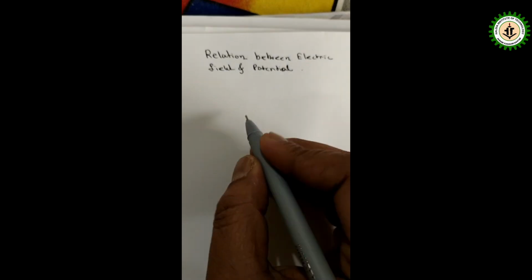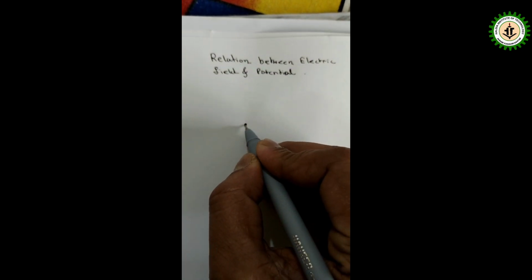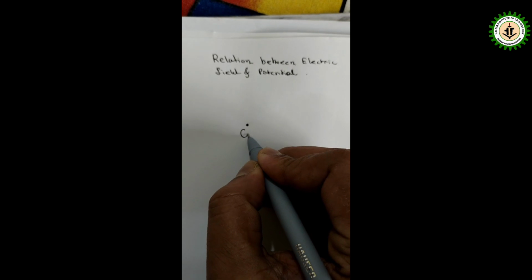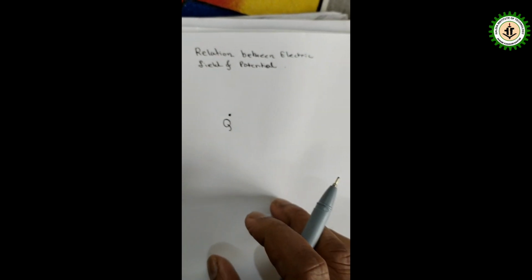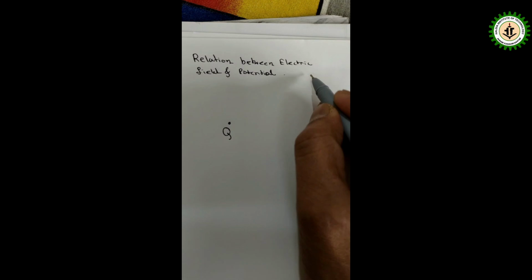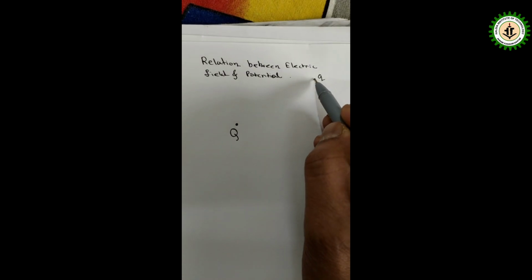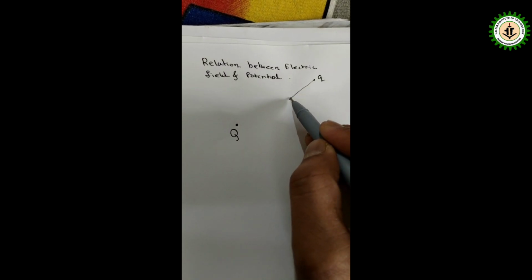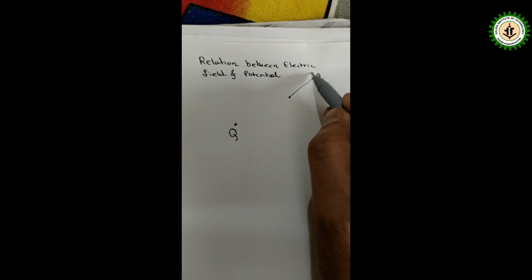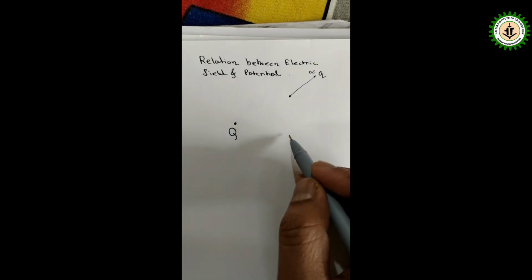So in this lecture I'll discuss what is actually electric potential and how electric field and electric potential relate with each other. Suppose there is a plus charge Q over there and another small charge q placed at infinity. Now if this charge q moves along this direction, initially assume this is infinity.